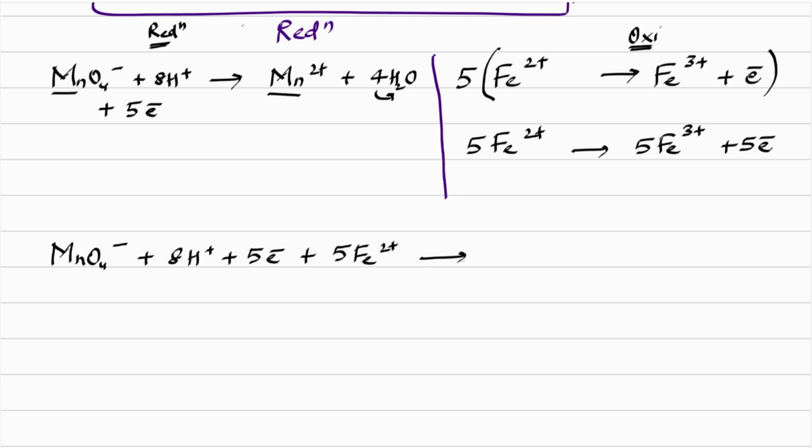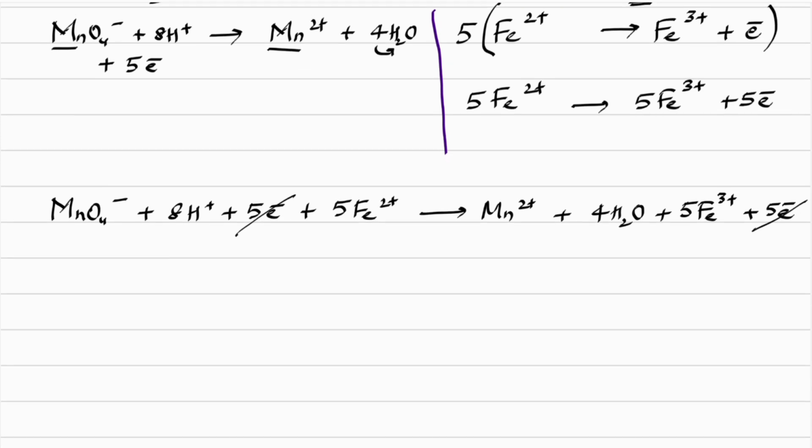This gives you now the product side of reduction half reaction: Mn2 plus 4 water plus 5 ferric ions plus 5 electrons. Now cancel out electrons, and if there's anything other than electrons which can be cancelled, you cancel out that as well. But there's nothing there that can be cancelled.